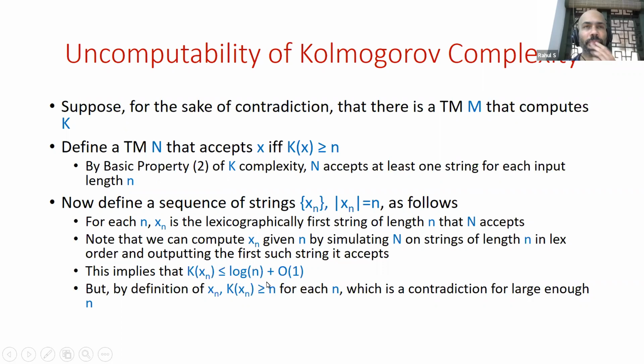So why is this essentially the same as Berry's paradox? It's because x sub n is playing the role of the first incompressible string, and just like Berry's paradox is about the first undefinable string, this is about the first incompressible string. We assumed that there was a Turing machine for incompressibility, and that's what led to a contradiction.